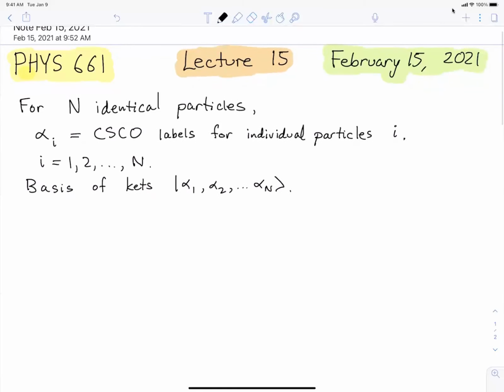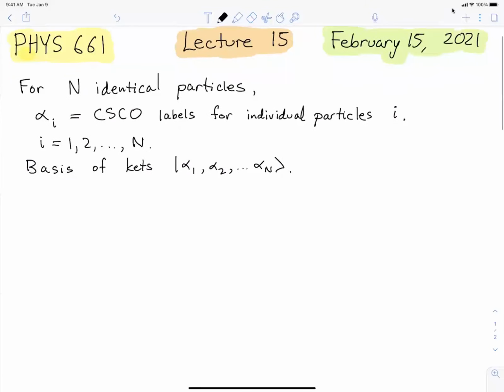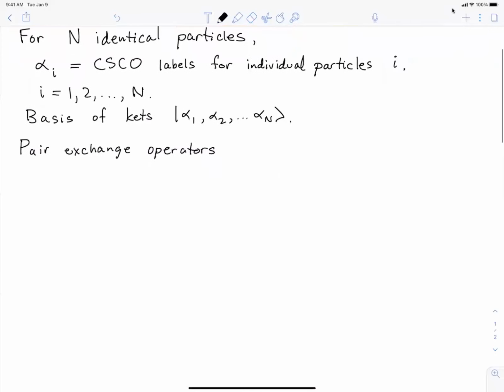Okay, so now let me introduce the concept of a pair exchange operator. So the pair exchange operator is just defined in such a way that whatever it acts on, it interchanges the labels. So I'll call it P sub ij.